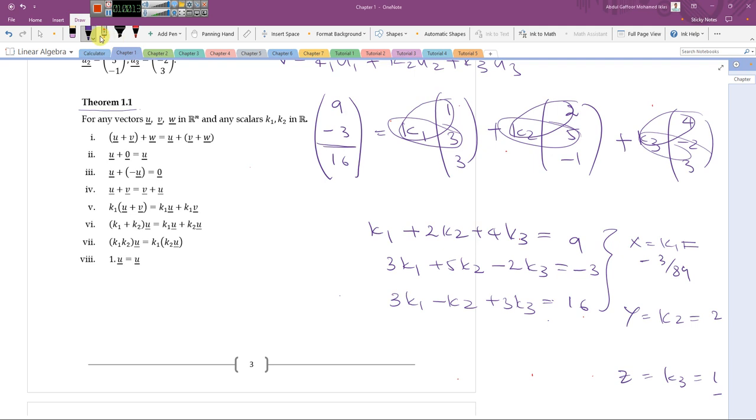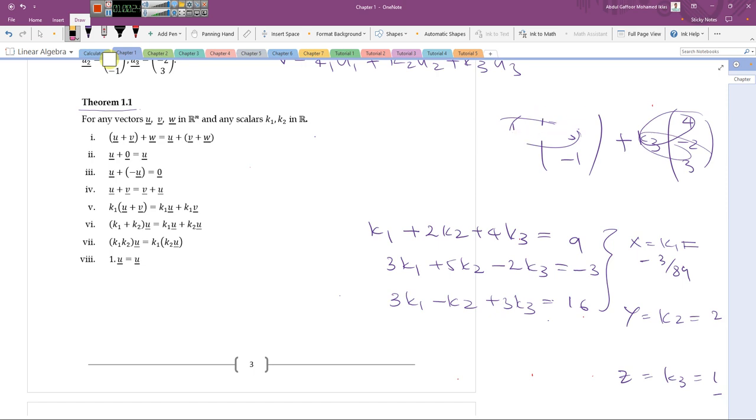I can just prove these theorems. Sometimes they might ask you to prove this theorem in your examination. In our first tutorial also we have a question like that.